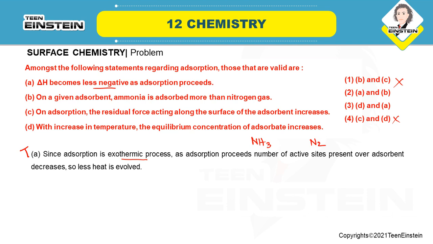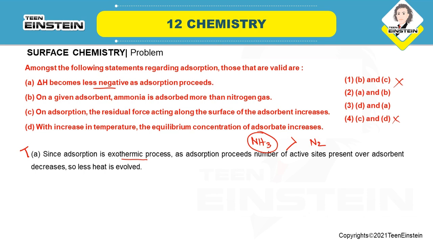So if CT, that is critical temperature, is very high, it can be easily liquefied, and for this type of gases the tendency to adsorb is obviously high. Now as CT is high for NH3 compared to nitrogen, ammonia will be adsorbed more than nitrogen gas. So this is one way you can describe it.